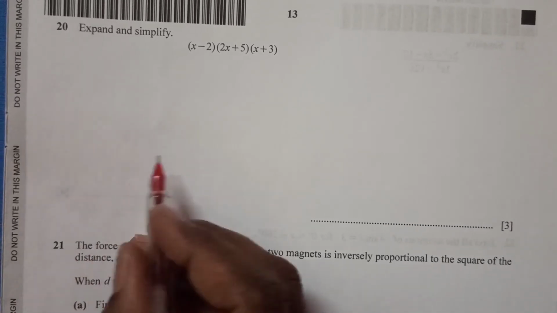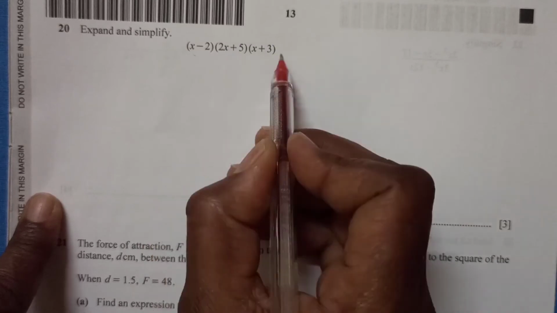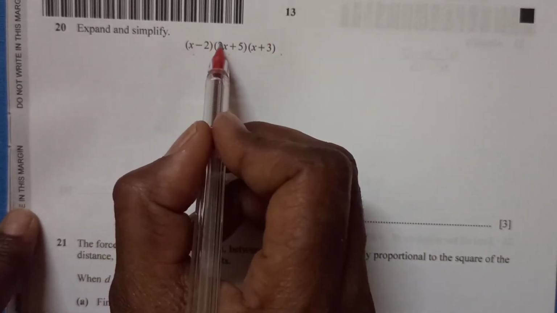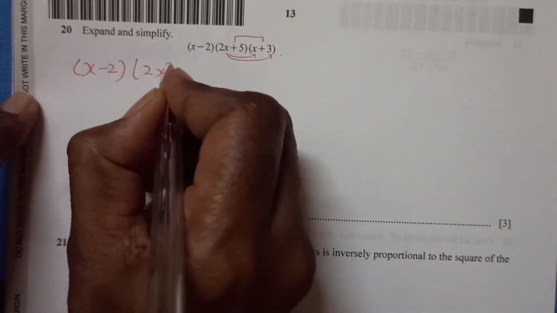Question number 20. Expand and simplify. So you can see we have triple bracket here. There are two ways. Either you can simplify the first two first or the last. So I'm going to do the last ones here first. X minus 2 as it is. So 2x multiplied to both of them here like this. So 2x times x, it is 2x squared.